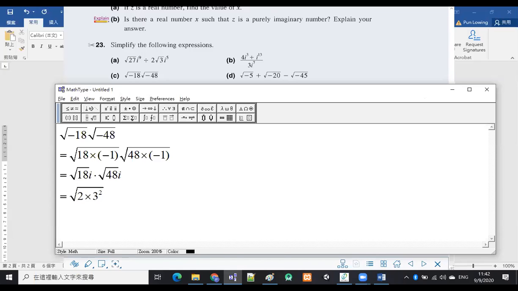Okay, we know that 18 can be written as 2 times 3 squared. And then times 48. 48 should be 3 times 4 squared, or 2 to the power 4.